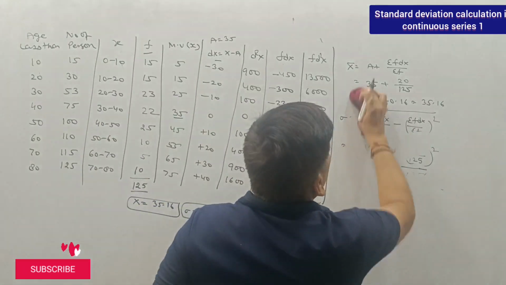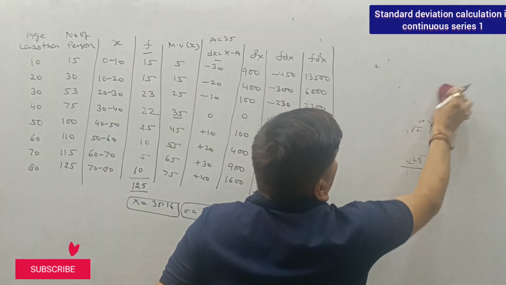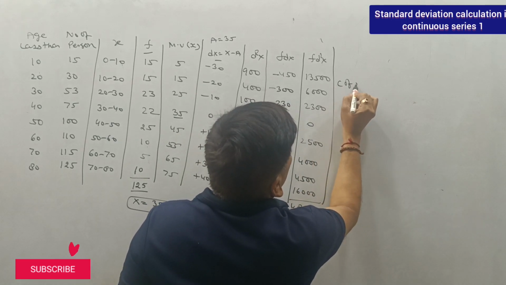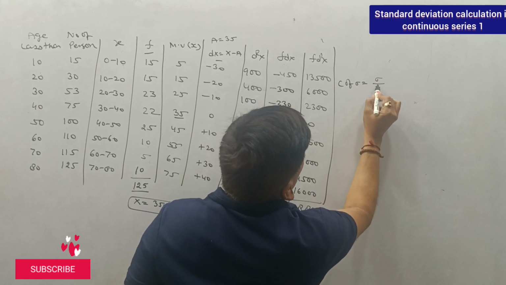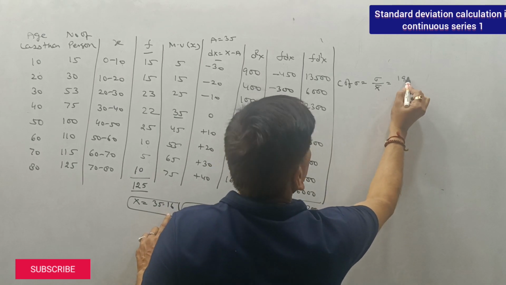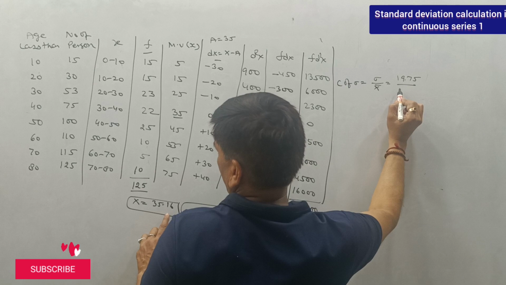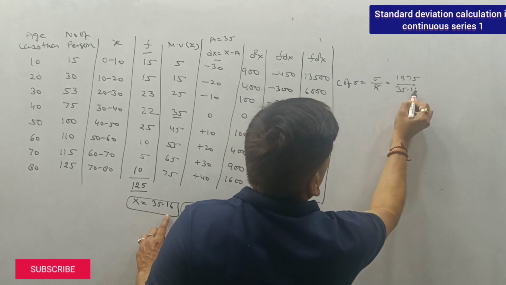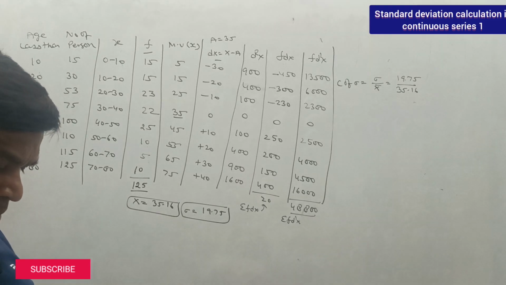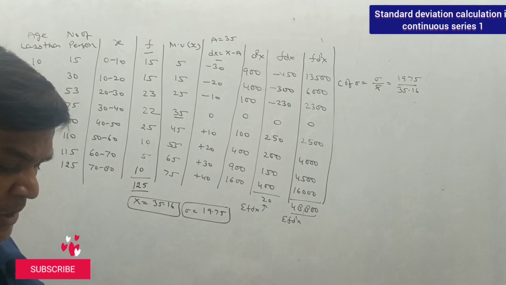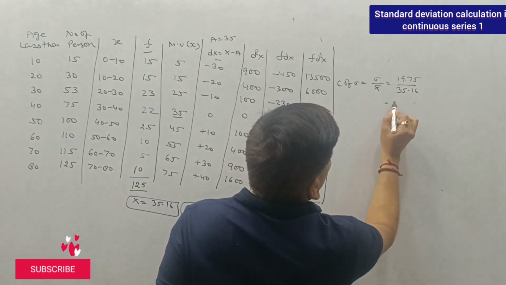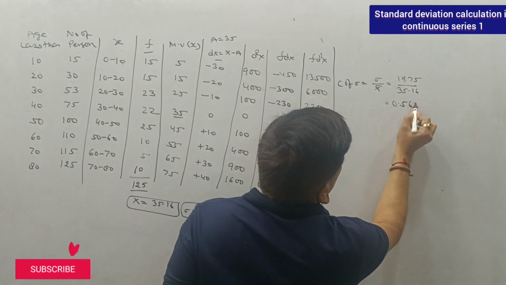The remaining values we can calculate very easily, like the coefficient of standard deviation, that is standard deviation divided by x bar: 19.75 divided by 35.16 is 0.5619.